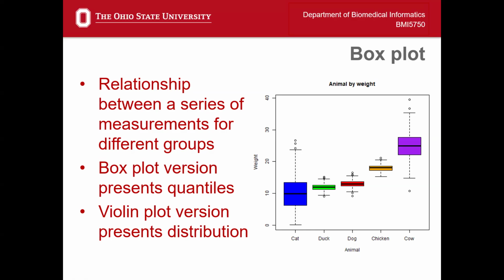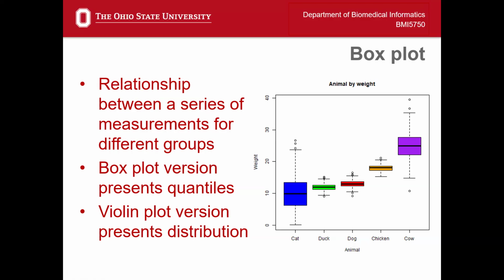You could have your measurements along the x-axis and your groups along the y-axis. You just have to switch which one you're assigning to x and y. It's the same information, it's just showing it in a different way.